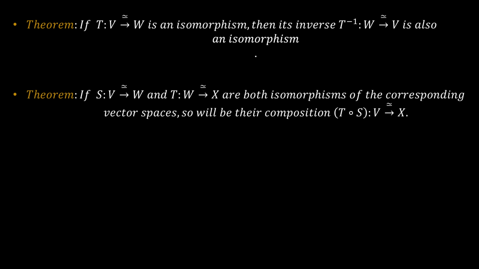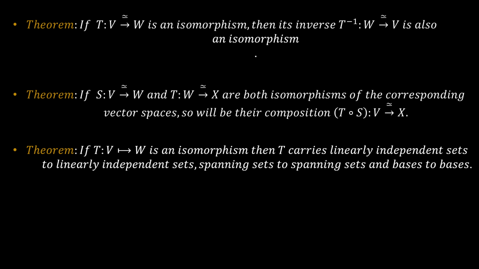And if S is an isomorphism from the V vector space to the W vector space, and T is another isomorphism from the W vector space to the X vector space, then the composition T and S is also an isomorphism from the V vector space to the X vector space.